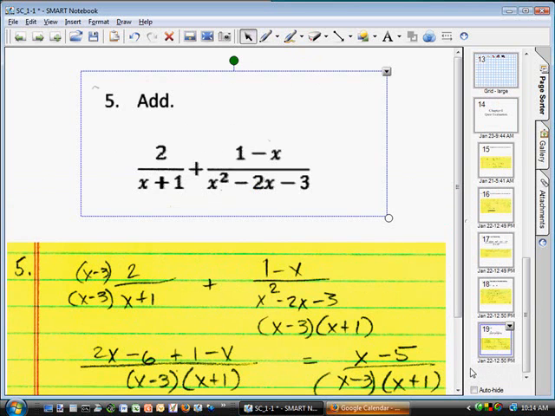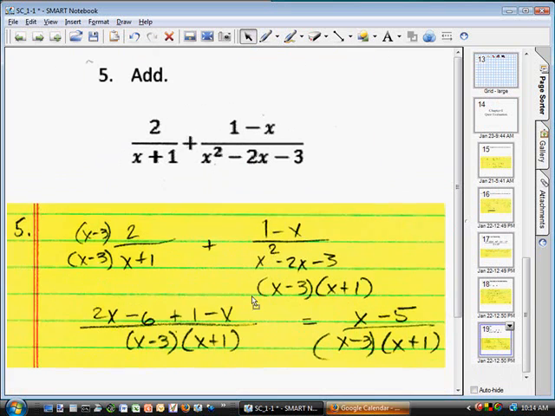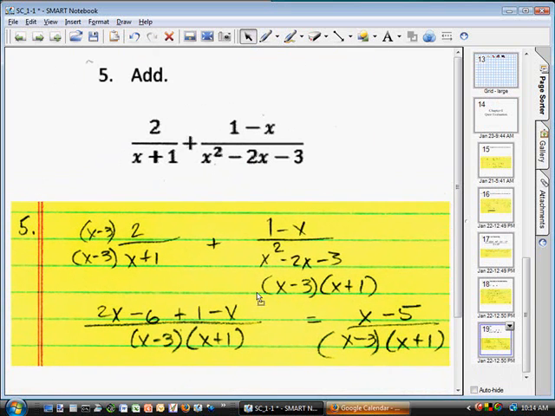Number 5. Again, I got to move these up a little bit. Add. Well, we needed a common denominator because we don't have one right now. Before you get a common denominator, don't you want to see if this is factorable? Here again, factoring.